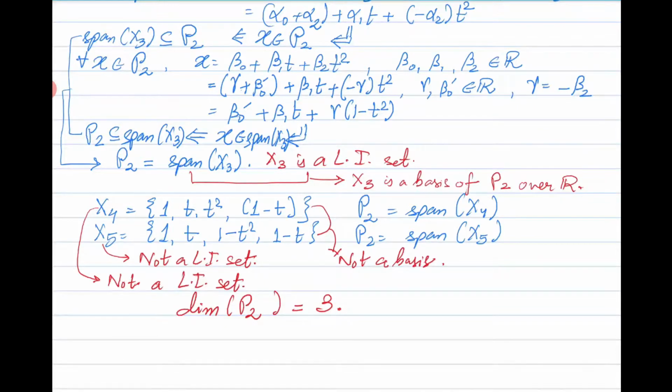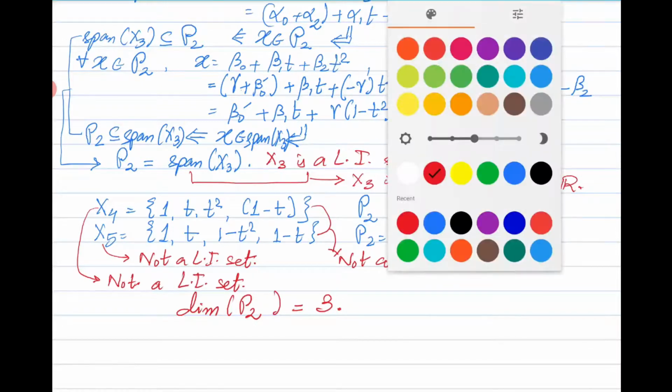Here you can actually note one thing, that if the dimension of a vector space is n, then any set of n plus 1 non-zero vectors is always a linearly dependent set. Let me put it down.